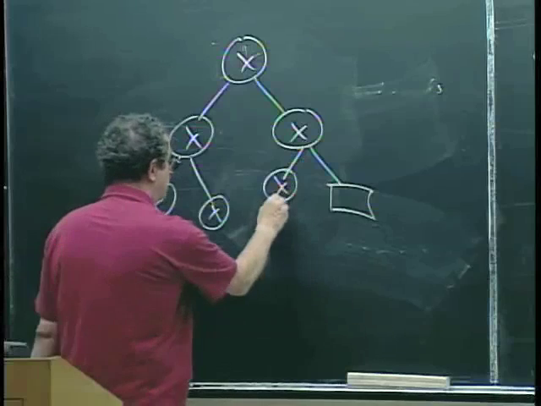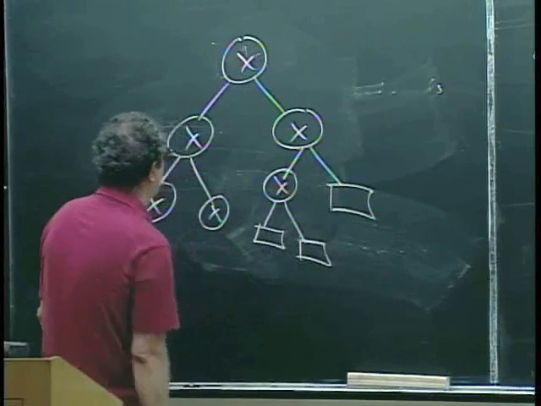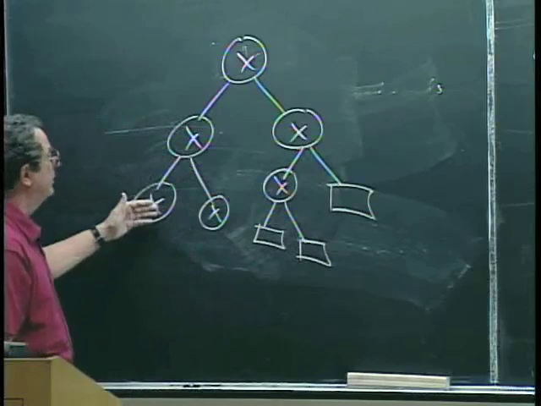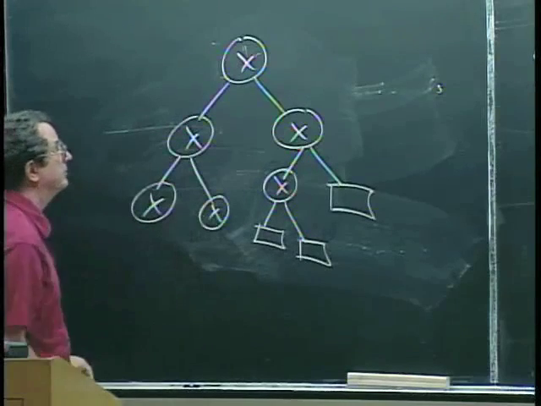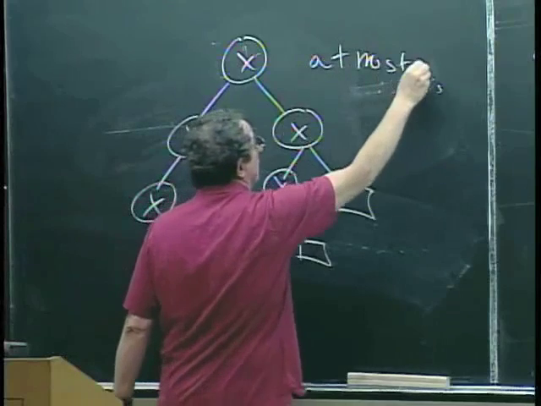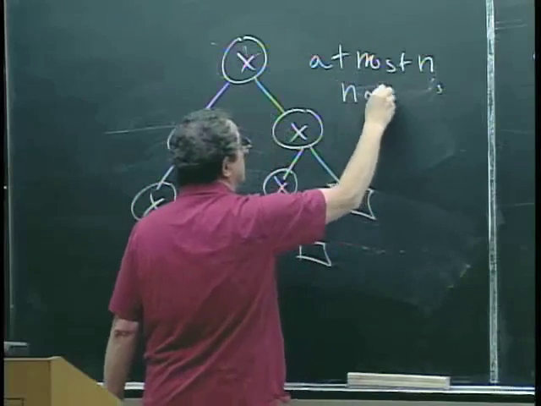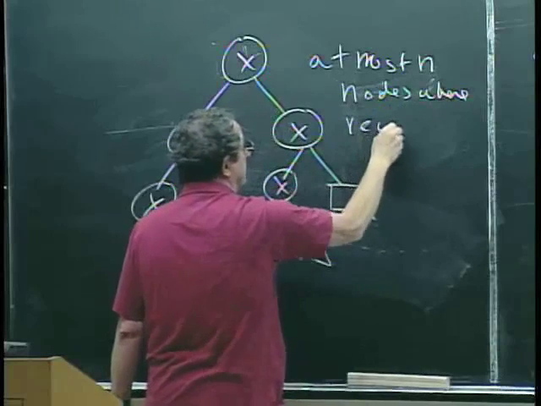Okay? And maybe here we have two of them. Okay? So what we just argued is that you have at most n nodes where recursive calls are made.